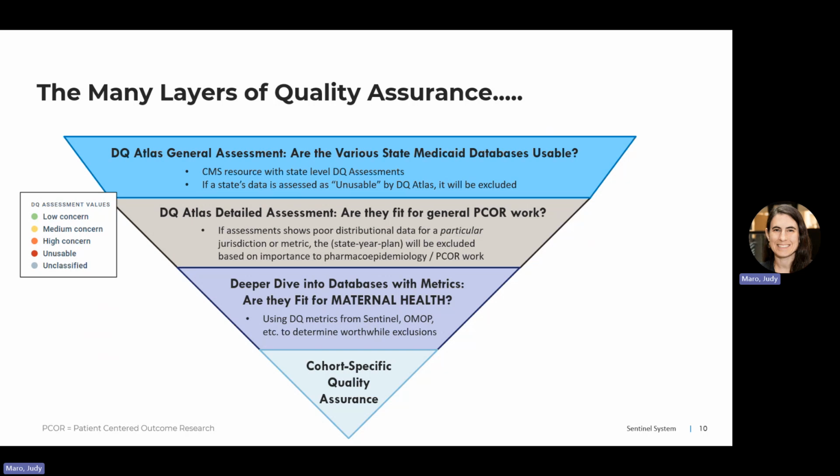The third level of data quality assurance we're going to talk about in this presentation is to think even more about whether the particular metrics are important so that we can deem the data fit for maternal health studies. A number of the metrics we're going to talk about today are really specifically geared around doing studies in maternal health and using these data sets for that purpose.